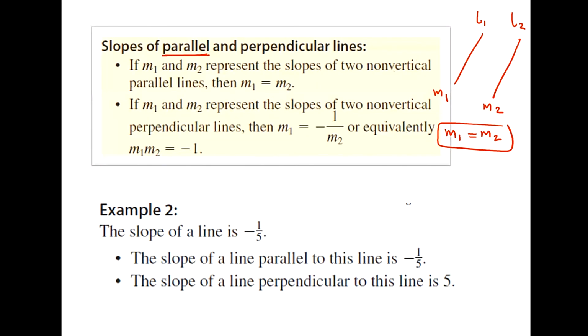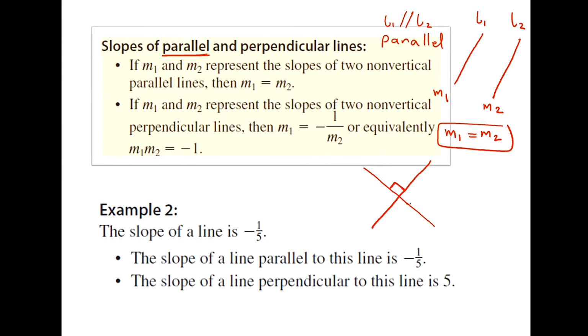The symbol is L1 parallel to L2. But if we have two lines perpendicular, what's the meaning of perpendicular? Perpendicular means intersection with a right angle.